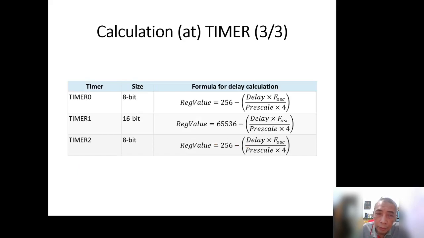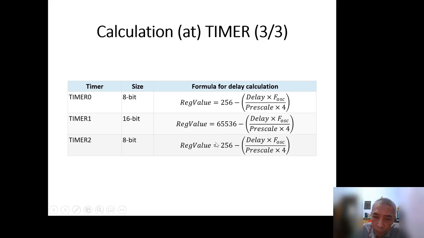So the summary of all the timers: timer 0 is 8 bit, and timer 1 is 16 bit. The equation for timer 0 and timer 2 is the same, but different from timer 1. For timer 1, the timer max is 65,536, but timer 0 is only 8 bit, so the timer max is only 256.